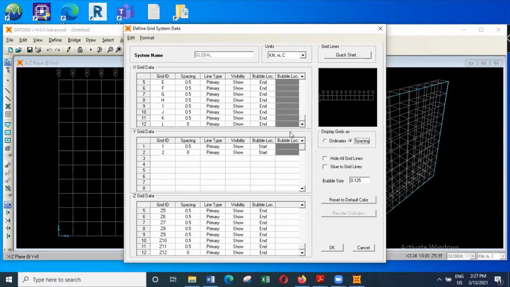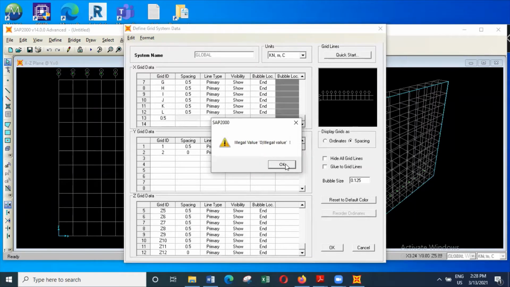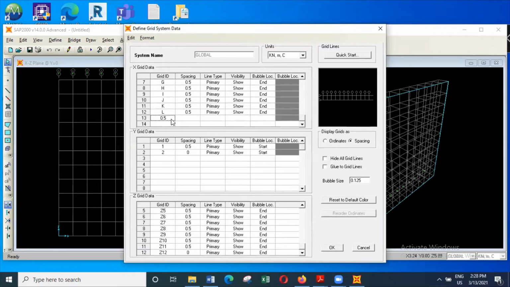So what I have to do is say copy, paste, and now it's 6 meters, and here also I might have to add one more because the height has to be 6 meters.